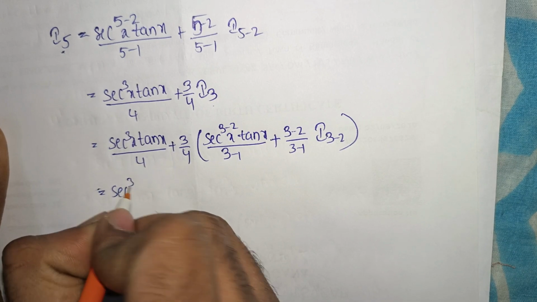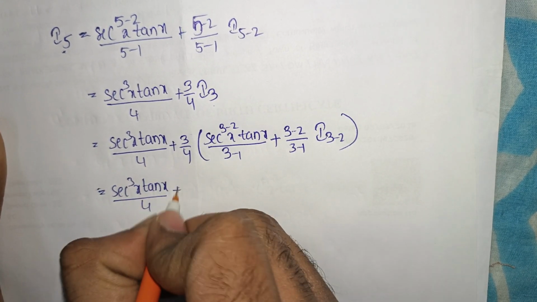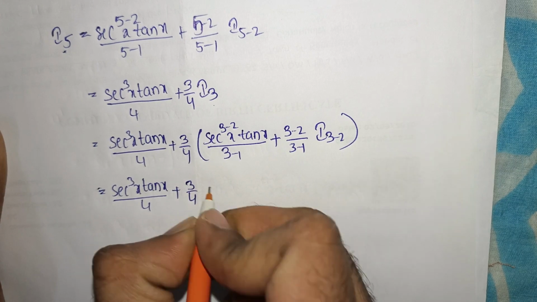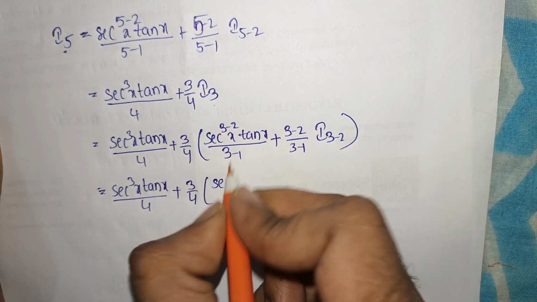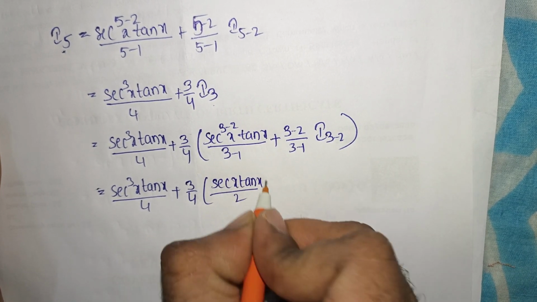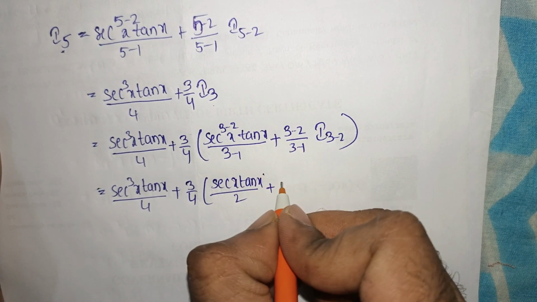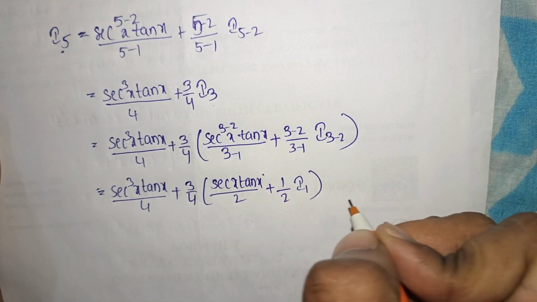Secant cube x tan x by 4 plus 3 by 4 whole bracket, secant to the power of 3 minus 2, it's 1, so secant x tan x by 2, plus 3 minus 2, it's 1 by 2, I_(3 minus 2) is I1, right?